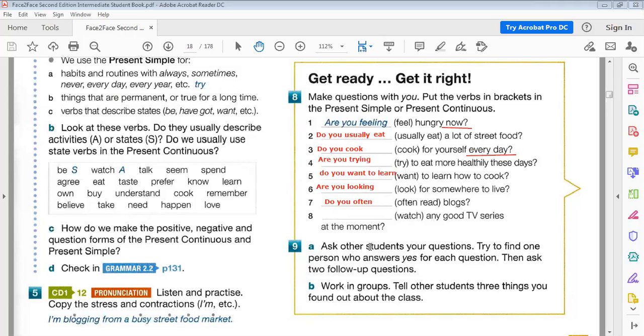So if you're making a survey or some kind of questionnaire, "how often" is a better question, because it will give you a specific number. This one is more general. "Do you often read blogs?" Yes, I do. No, I don't. This is a yes/no question. "How often" is not a yes/no question. Okay, and Malak, what about number 8?